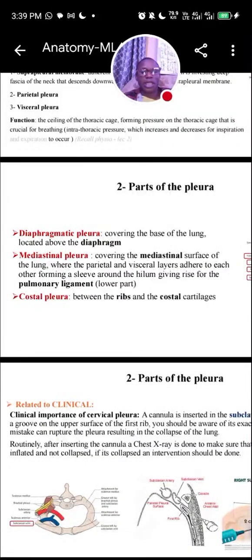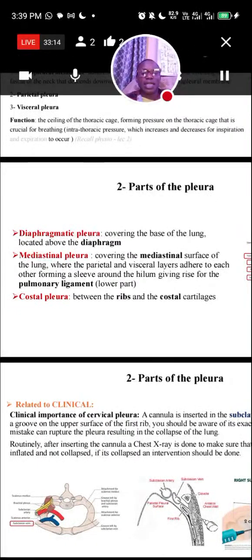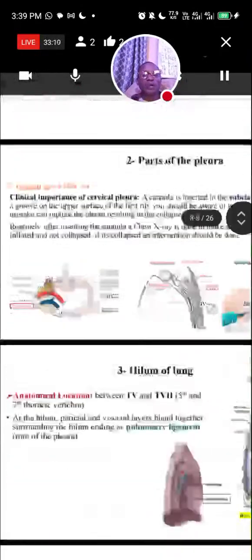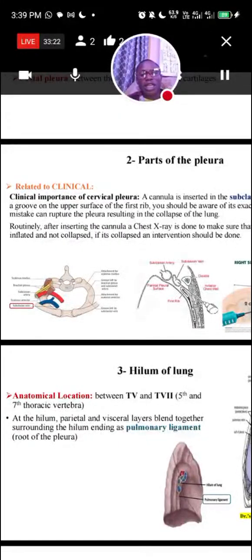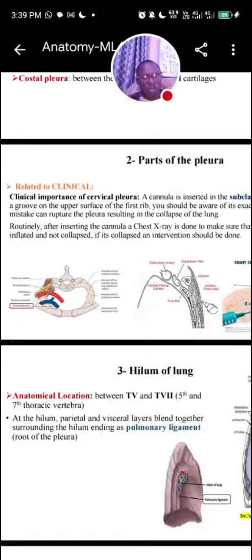All right. Let's look at the parts of the pleura again. This time, we're looking at the clinical significance of the parts of the pleura. What does the costal pleura do?